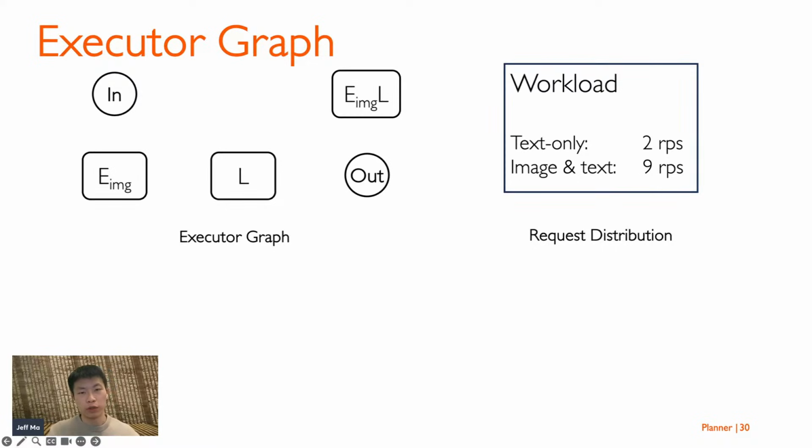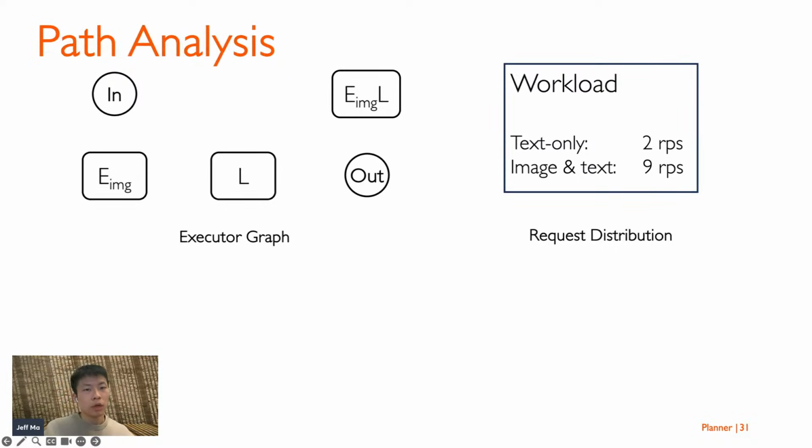So the planner will first run a path analysis on each request type. Looking at text-only requests, the planner will search for all possible paths for this request type. And in this case, there are two paths. The first one is using the disaggregated LM, or just using the monolithic deployment.